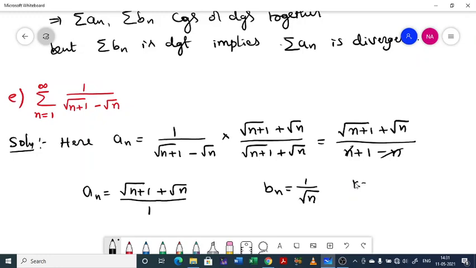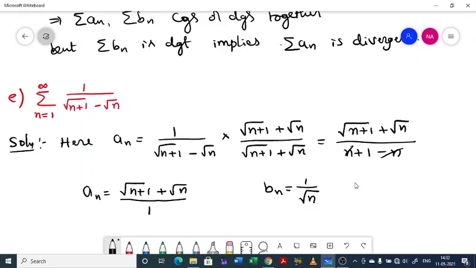So k will be 1 by 2. Yes, that rule we cannot apply here. Actually I am taking k equal to 1 by 2. If we apply that rule, k will be the denominator degree, that is 0, minus the degree of the numerator. Okay, that rule I cannot apply here. Keep that in mind.